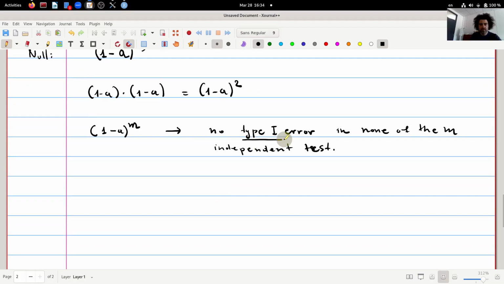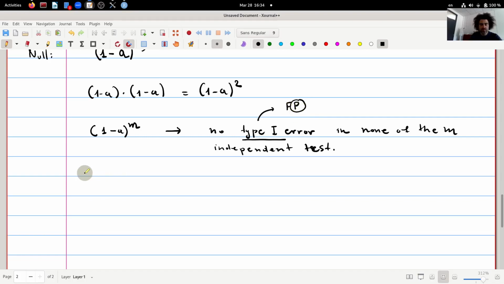Again, type 1 error means to have a false positive, so to have a positive result, to find differential gene expression, for example, to find that the genes are different between the two classes when actually there is no difference between the two classes, so it's a false positive.